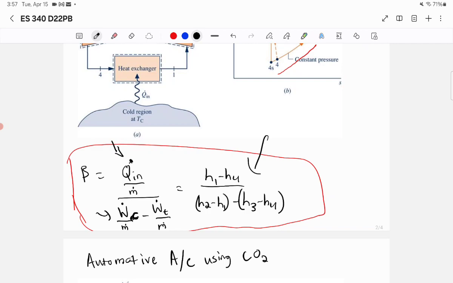So go back and see why it is true, going directly from the energy balance equation and entropy balance, why Q dot over M and W dot over M are equal to what's in the denominator there. Okay.